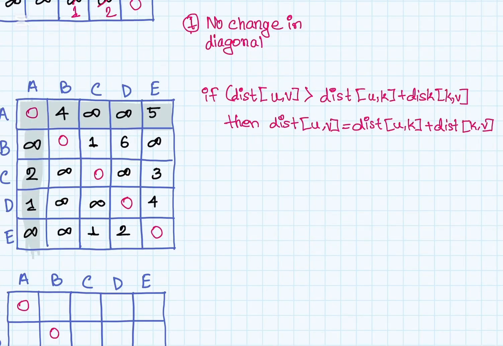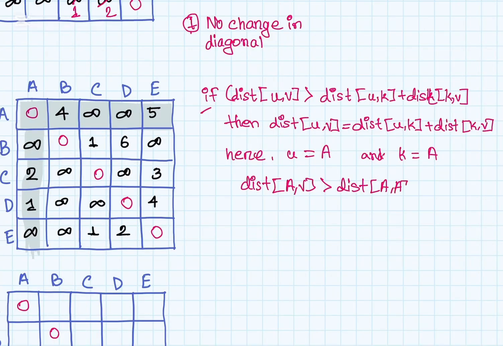We know the condition for updating the distance is if the distance of U, V is greater than the distance of U, K plus the distance of K, V. Here U is A and the via vertex K is also A. So the condition would look like this: dist of A, V greater than dist of A, A plus dist of A, V. We know the distance of A to A is always 0.